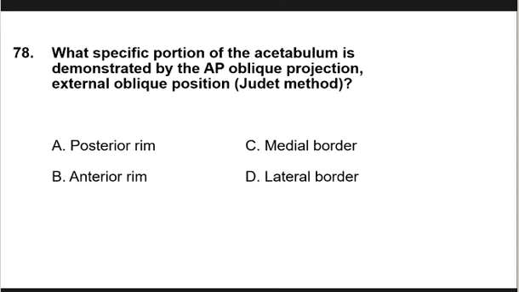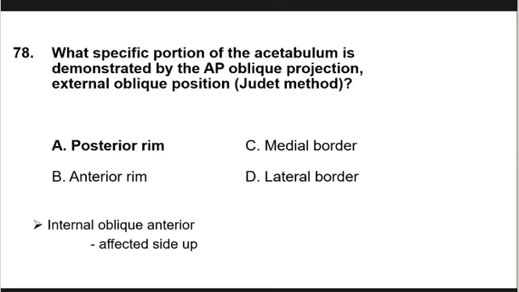What specific portion of the acetabulum is demonstrated by the AP oblique projection, external oblique position? This is what we discussed earlier. In the AP oblique projection, under the Judet method, if external oblique, what do we demonstrate? External oblique demonstrates the posterior rim.